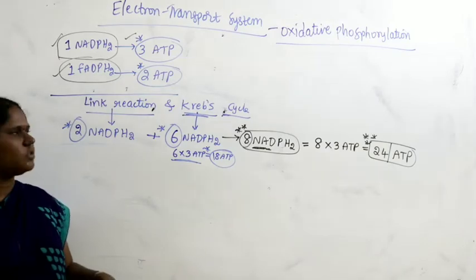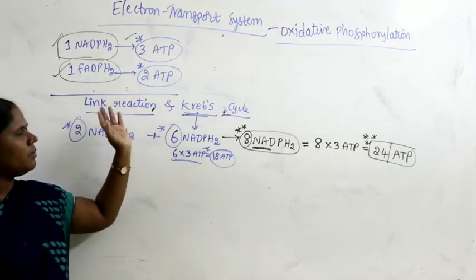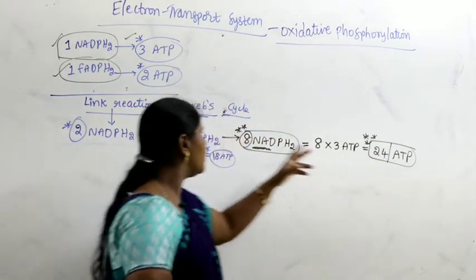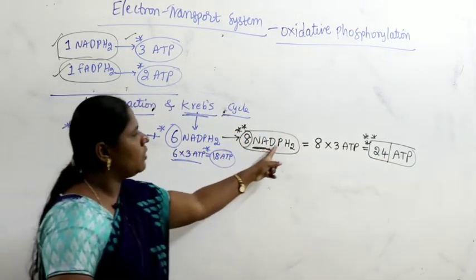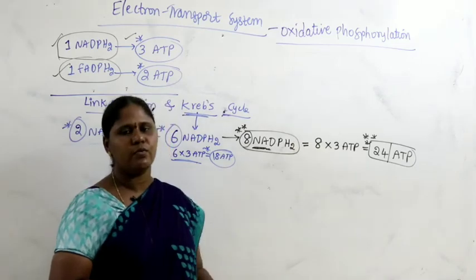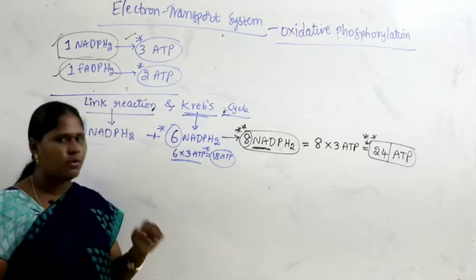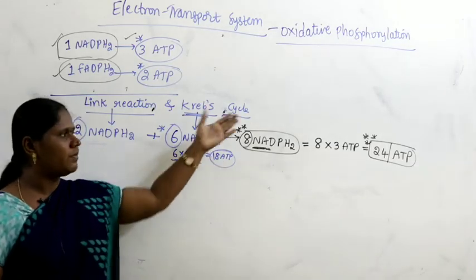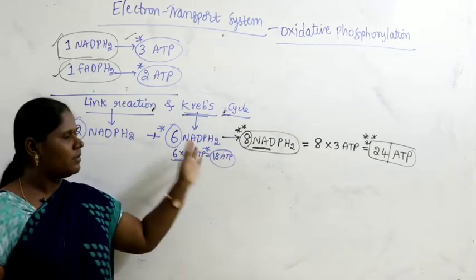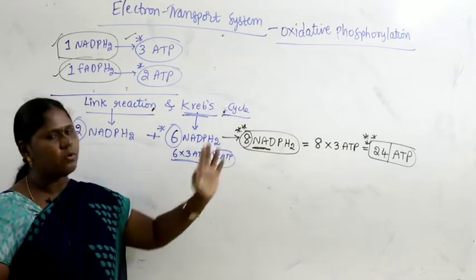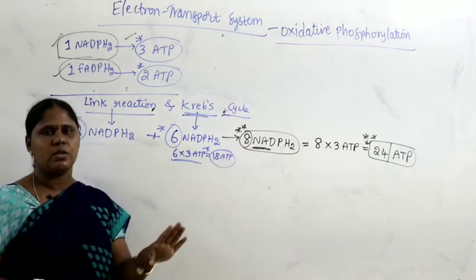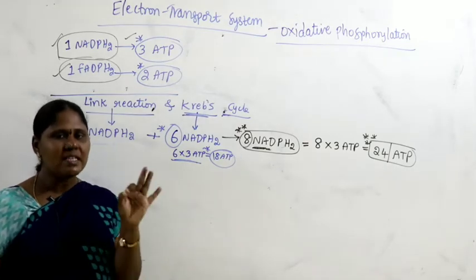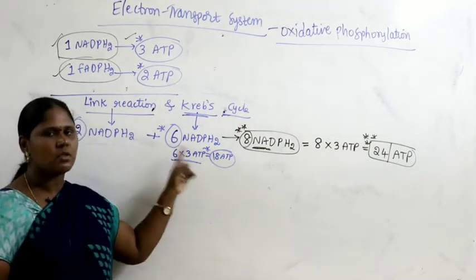Suppose the question asks, in the mitochondria by the end of the Krebs cycle, the total number of ATPs produced from NADPH2, then you have to take the option as 24. Even though I say it many times, some people will take 18 for that question, or take 24 for the other. So make sure you are clear about the question. As per the question, you have to choose an option.